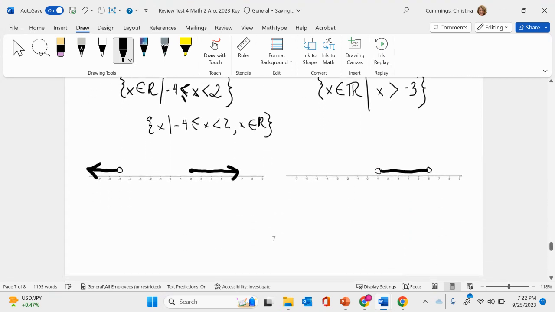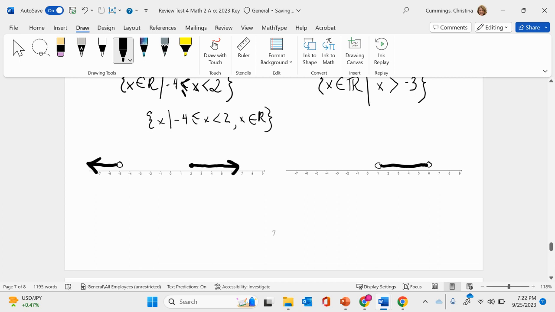Okay. All right. This next one, we've got two separate sort of number lines on here. So we're going to be using the word or when we see this space between the lines. So we're going to say the set of x's that are real numbers such that x is less than, but not equal to, because that's an open line, -5.